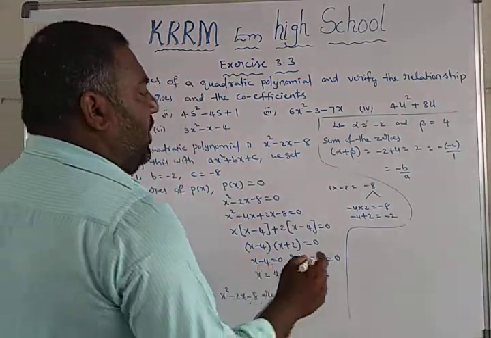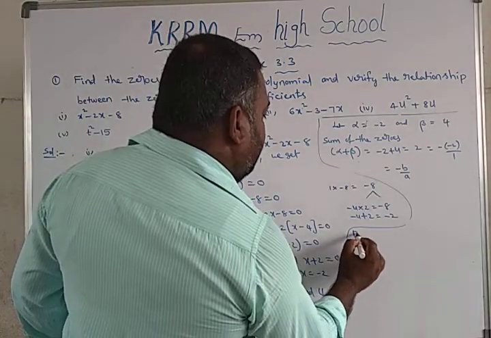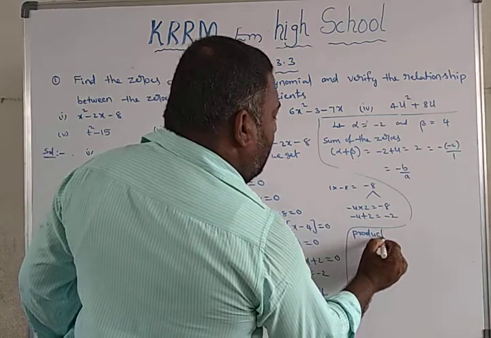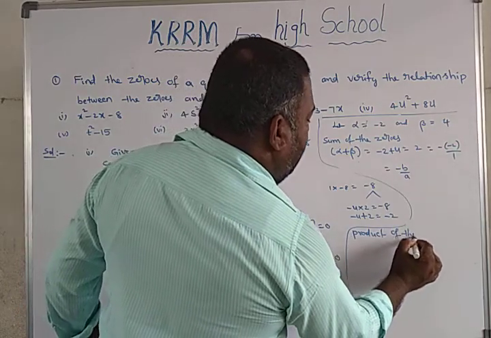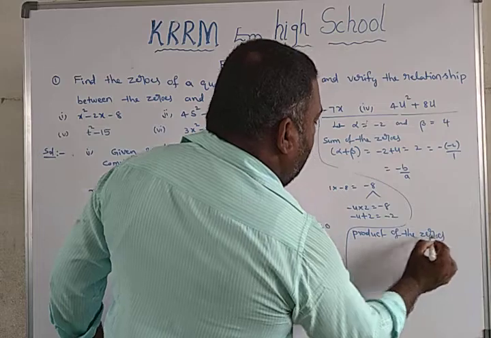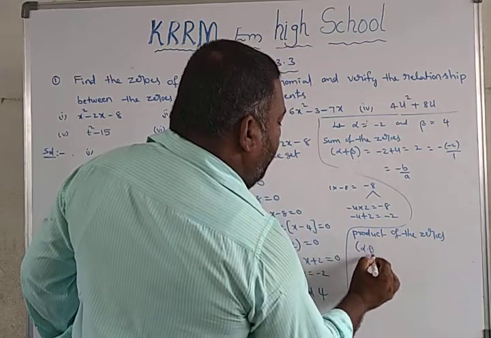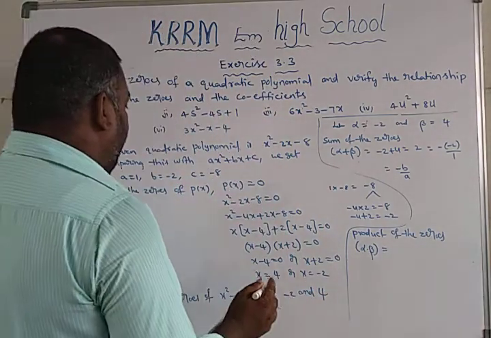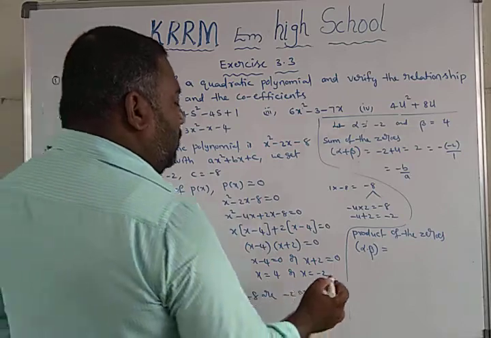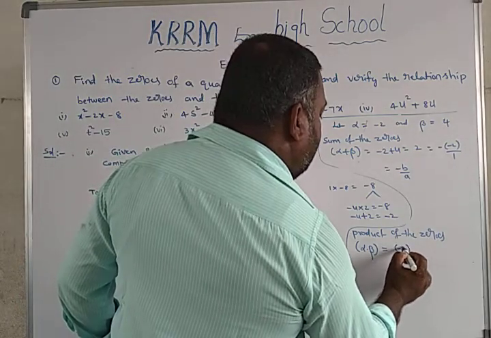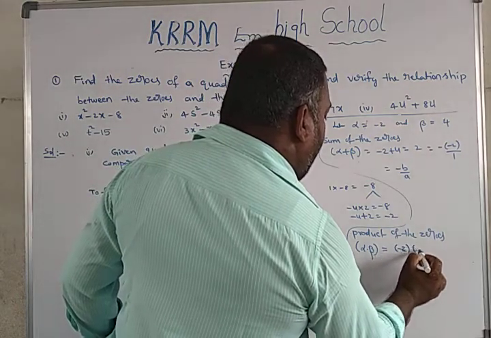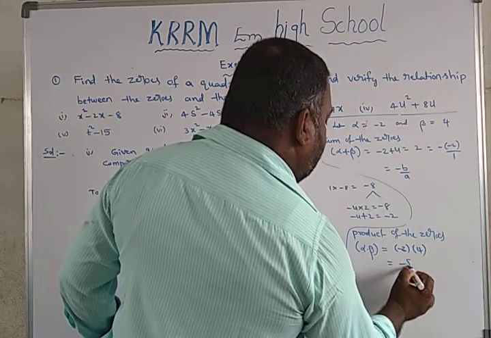Verified. Then the product of the zeros, alpha into beta, is equal to minus 2 into 4, which is minus 8.